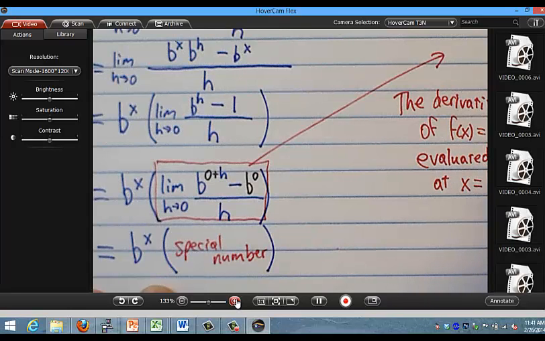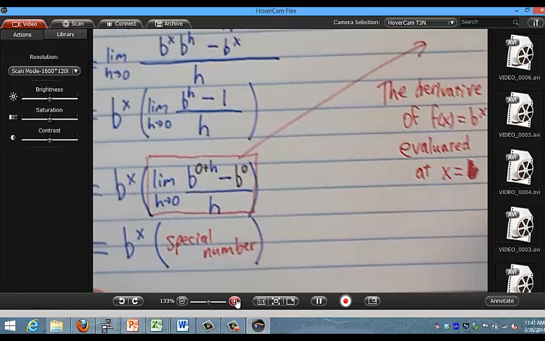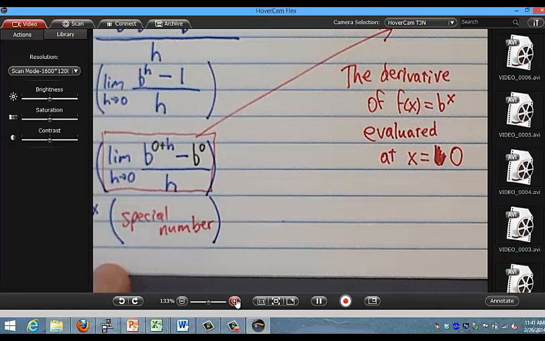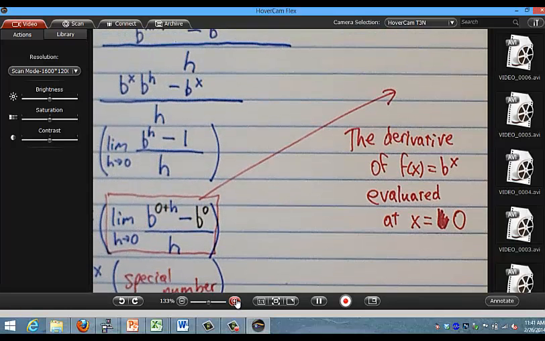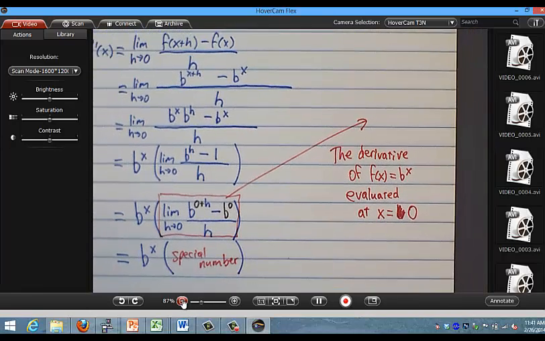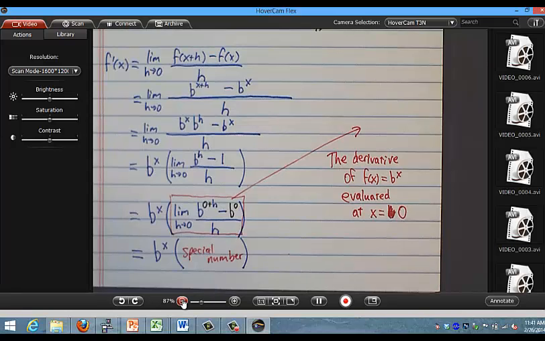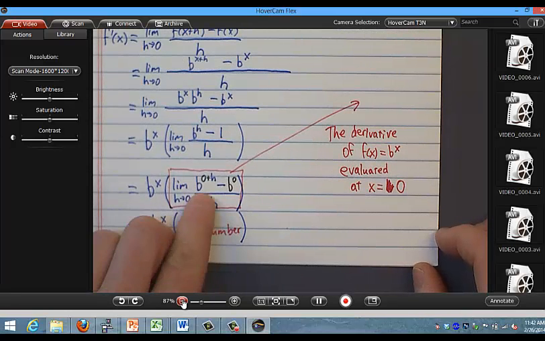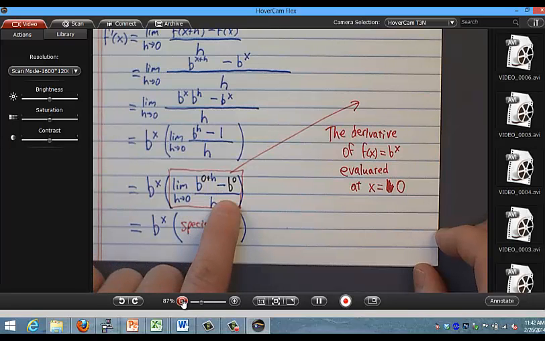No, not x equals b. You cut. Okay. At x equals 0. It's the derivative evaluated at x equals 0. Now, does that make sense to you guys? Right? It's f of 0 plus h minus f of 0 all over h.